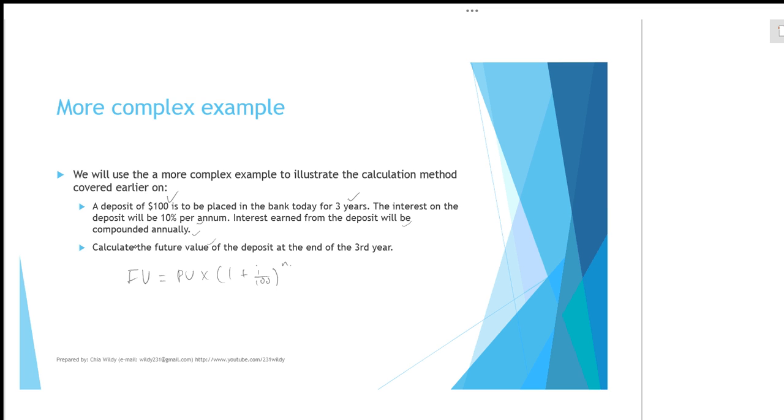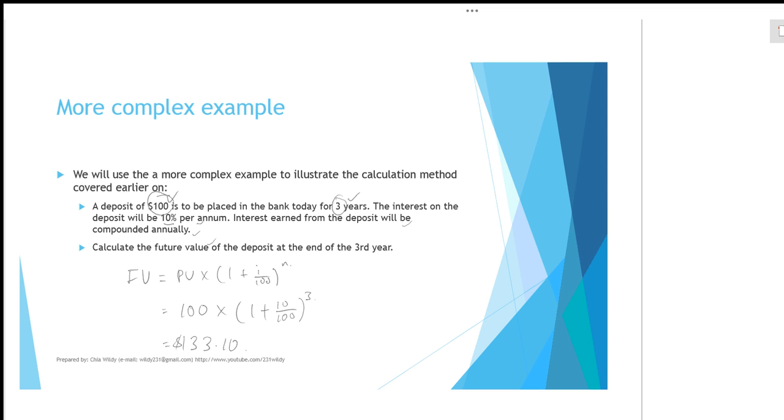In this case, the present value is 100, and the interest would be 10, so 10 over 100 in the formula, and power of 3. Now input all that into the calculator, you find that this gives you $133.10. As simple as that.